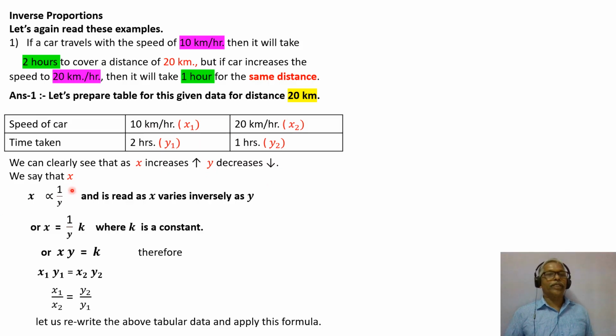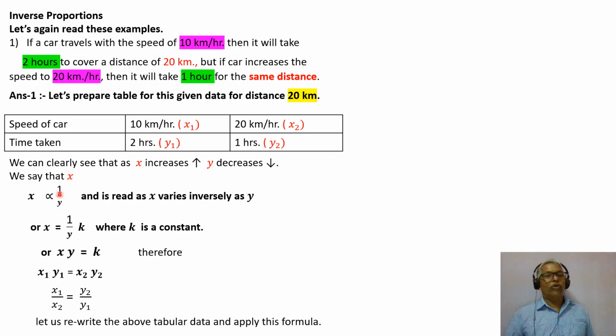We have seen the sign for varies as, but here it is 1 upon y, and we read it as x varies inversely as y. When it was direct, it was x varies as y. We generally don't use the word direct, but here it is necessary to say x varies inversely as y.